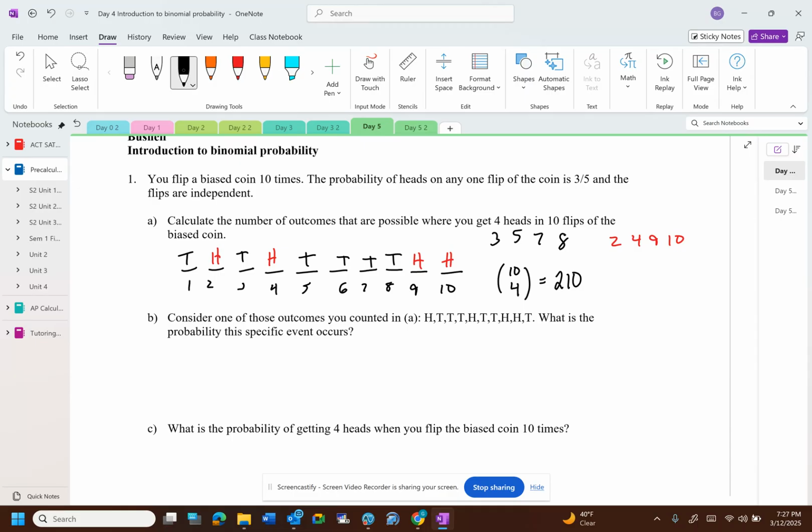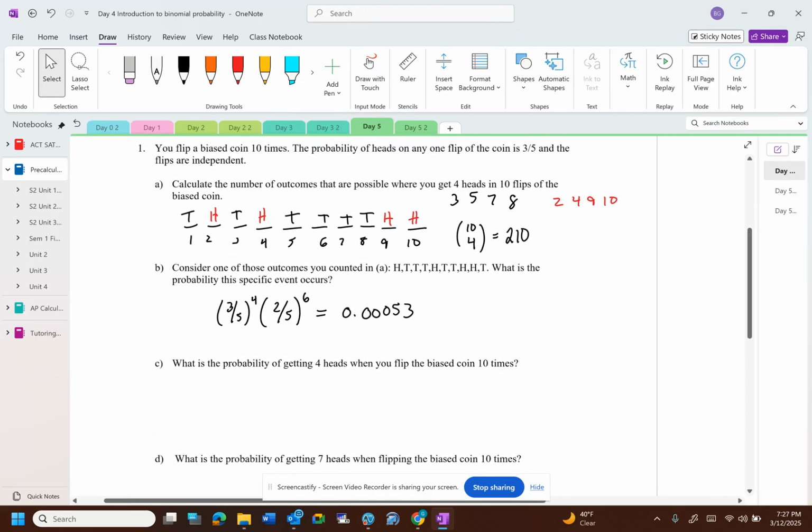So we're going to have 3/5, that's the probability of getting heads, to the 4th. And then we will have the probability of getting tails, which is 2/5, to the 6th. And you can crunch the numbers on that, and you get a pretty small decimal. All right, and there's that.